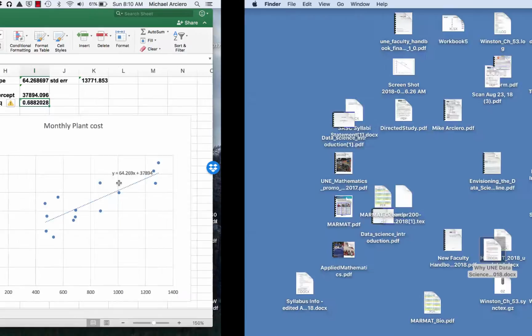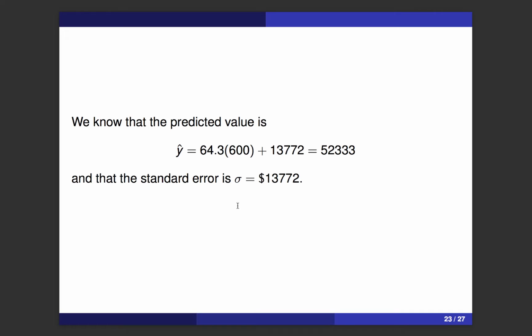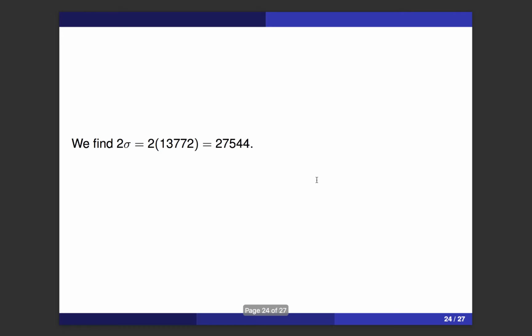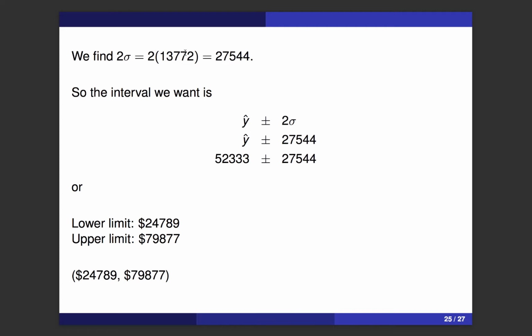So we're going to find the predicted value, which is this number here, just by plugging into our model. Predicted value is y hat. So it's that amount there. And we know that the standard error is this. So we want to find 2 standard errors. Well, that's simple enough. We just multiply by 2. So our range of values is going to be the predicted value plus or minus 2 standard errors.